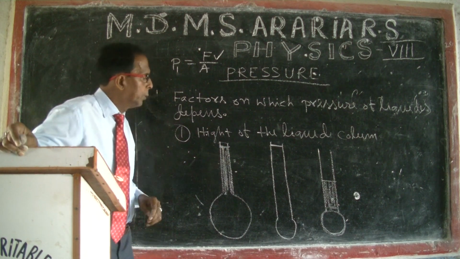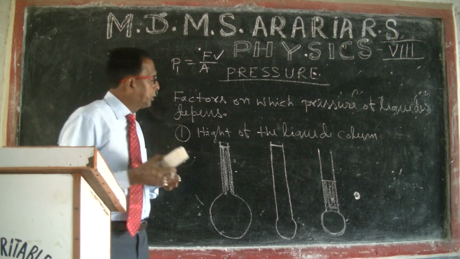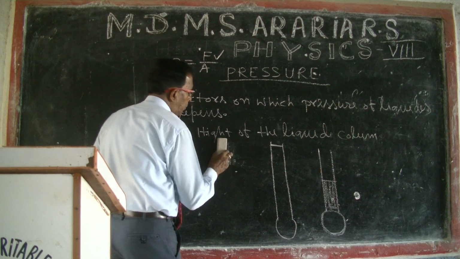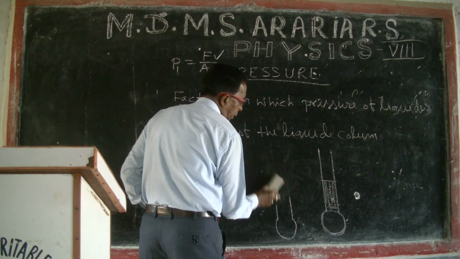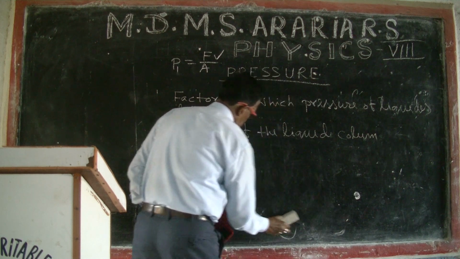See it. You are taking two same type of columns, same width, same height, same area of cross section. Okay?